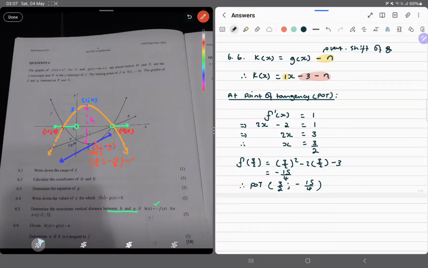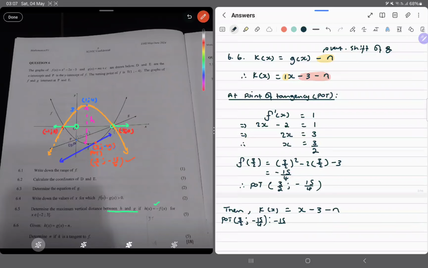Now, we need to determine the value of n if k is a tangent. So we know that this port is a point through which k is passing. We can say then we know that k of x, given as x minus 3 minus n, goes through the port 3 over 2, minus 15 over 4.